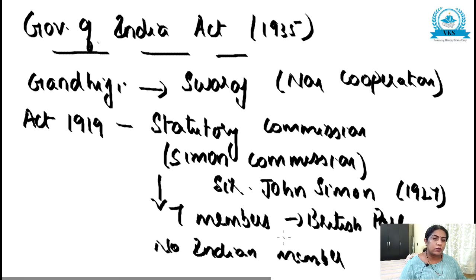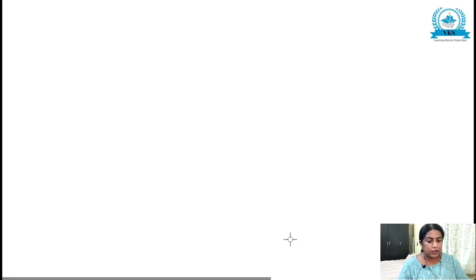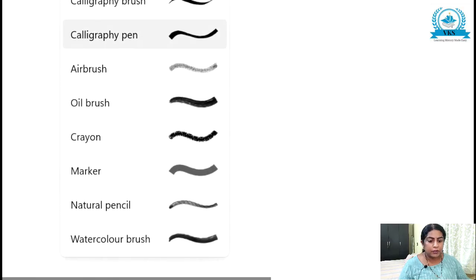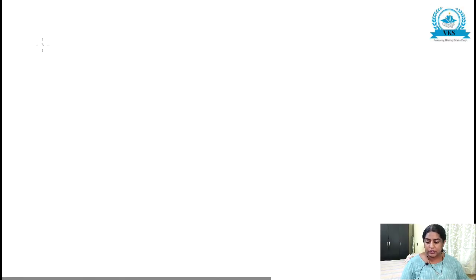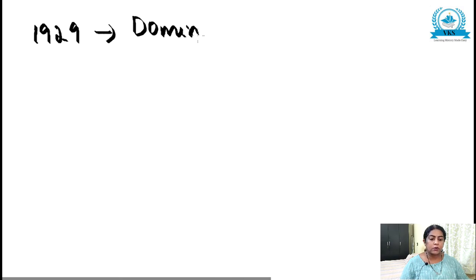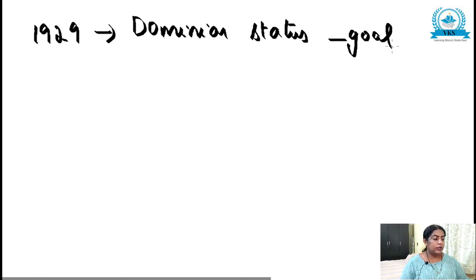But amidst all these protests, this commission visited India. Now, after the commission visited India, it announced in 1929 that dominion status was the goal of Indian development.